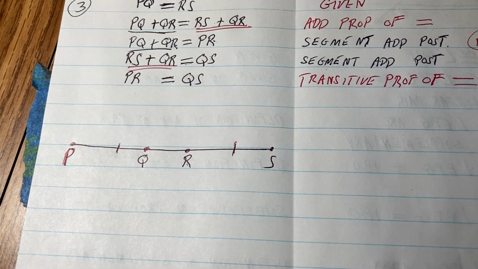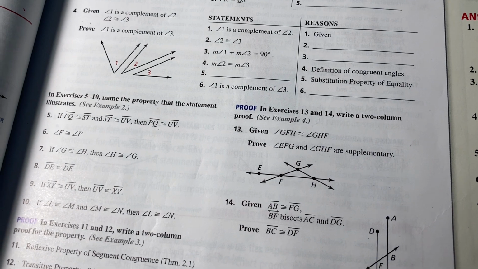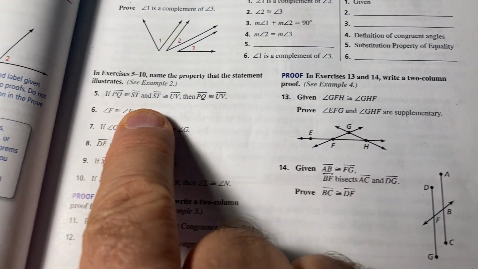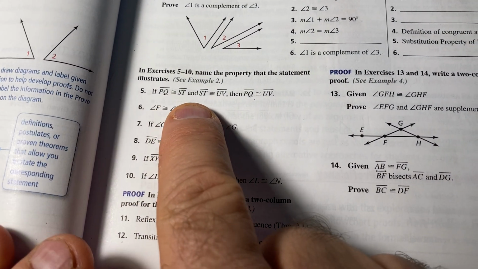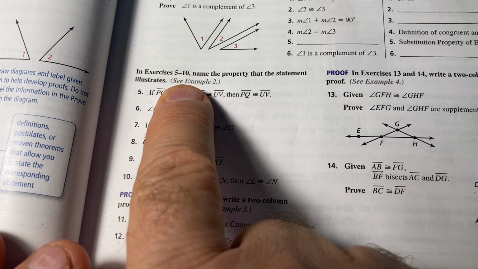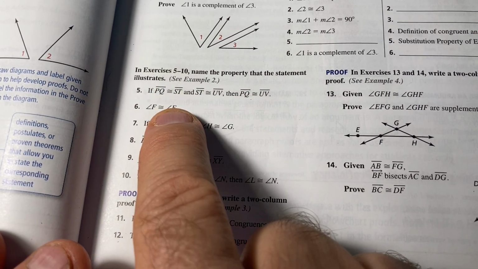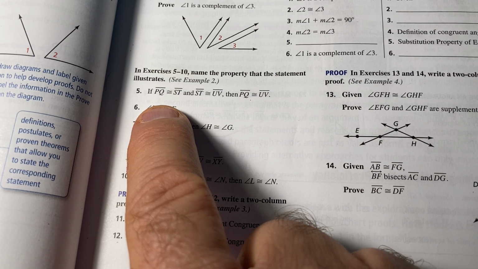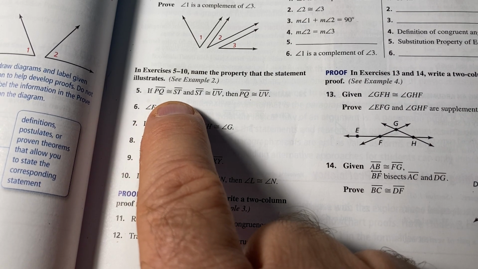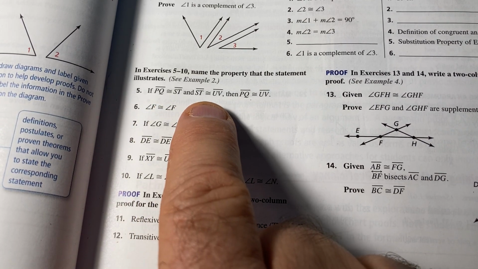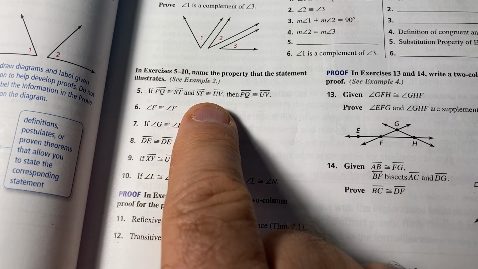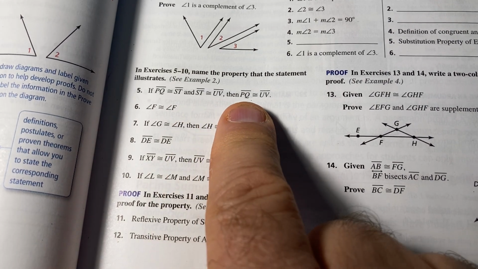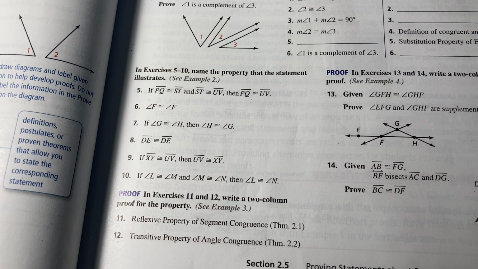Okay. When we get to question number 5. Question number 5. Here's number 5. In exercise 5-10, name the property that the statement illustrates. So if PQ is congruent to ST, and if ST is congruent to UV, then PQ is congruent to UV.